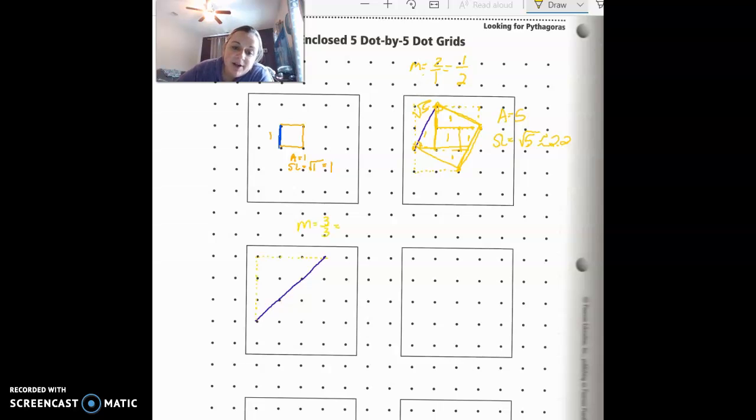So I'm going to flip it and go down 3 over 3. So from this first point, I'm going to go down 1, 2, 3 spaces over 1, 2, 3. Put a dot. And then draw a line through those.